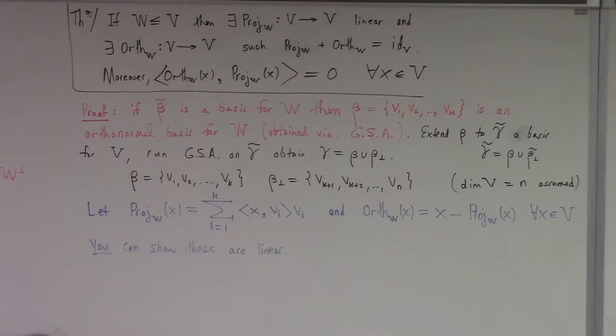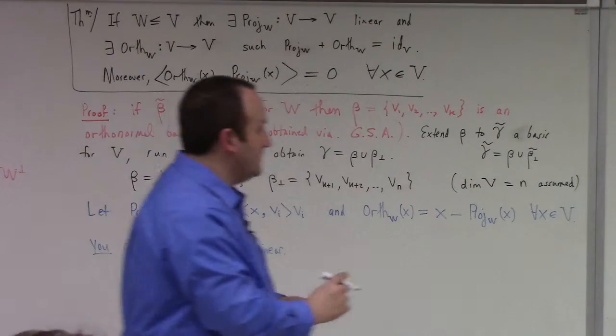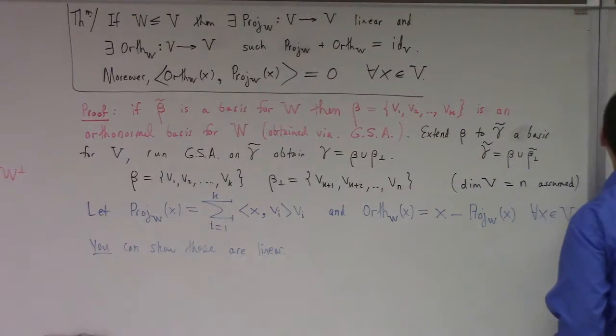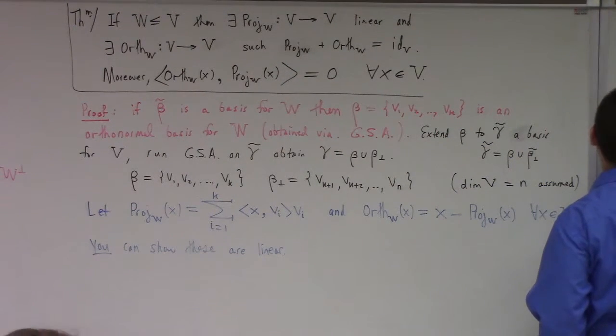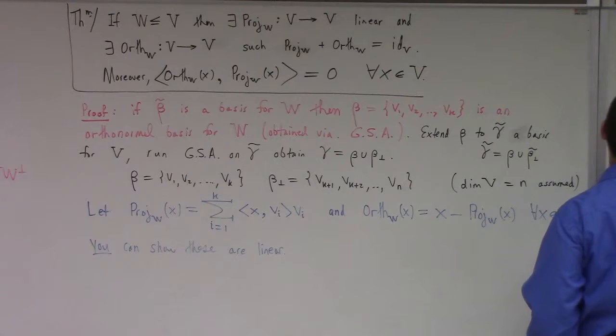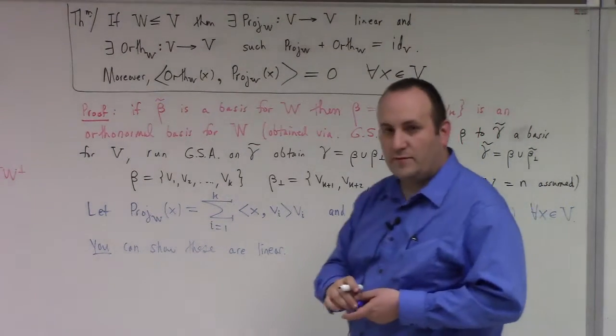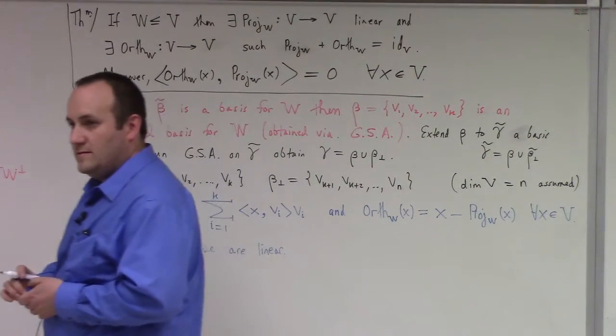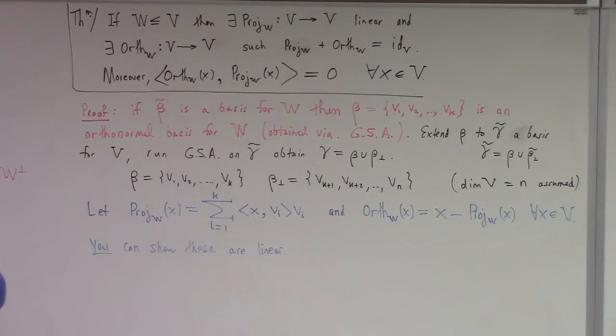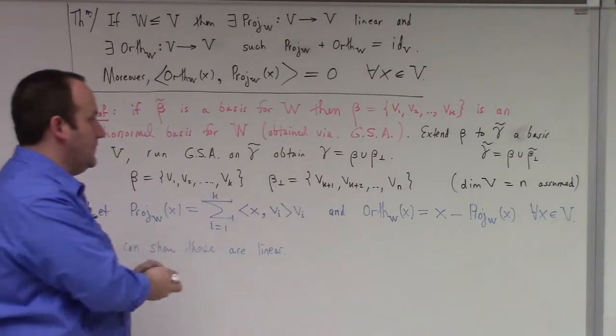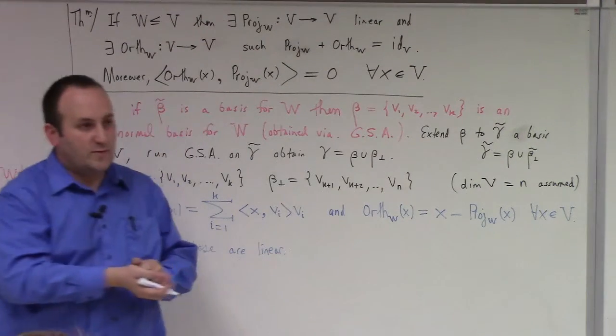Now, is it true that the sum of these operators gives you the identity? Remember last time I talked to you about how x can be rewritten as the sum i equals 1 to n of the inner product of x with vi. That's an identity for an orthonormal basis, and this gamma that we've constructed is an orthonormal basis.